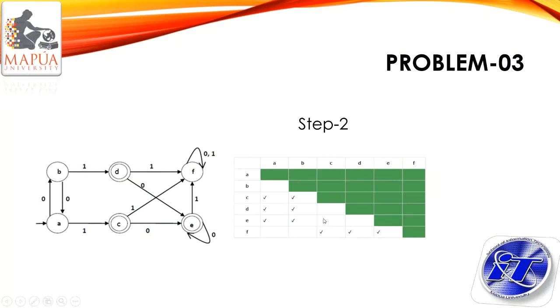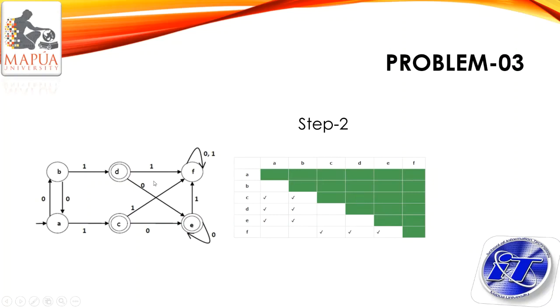Now let's proceed with EC. So EC, if it's 0, it will just go to E on both states. So E is not marked. If it's 1, it will go to F for both states. F again is not marked, so therefore CE combination will not be marked.